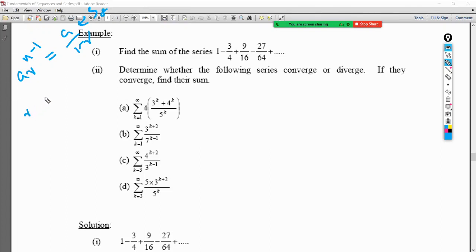So there are conditions to satisfy: R must be greater than minus 1 and less than plus 1. Then we can say S infinity is A divided by 1 minus R. Now let's see whether this series is something like that.